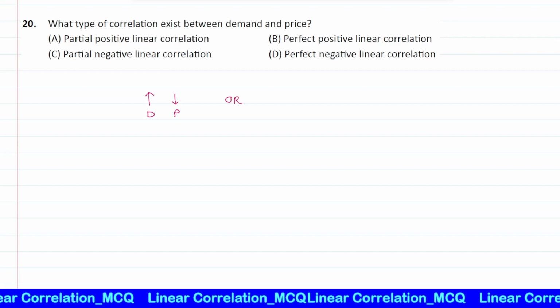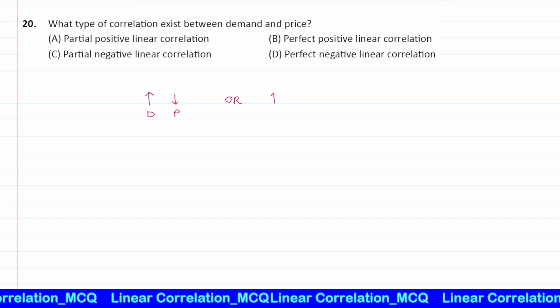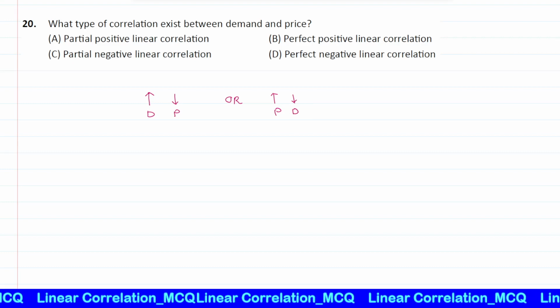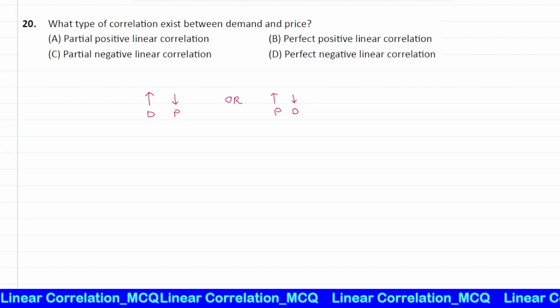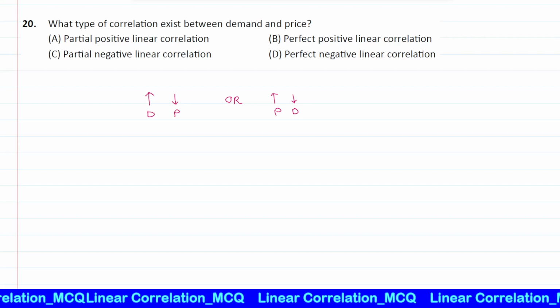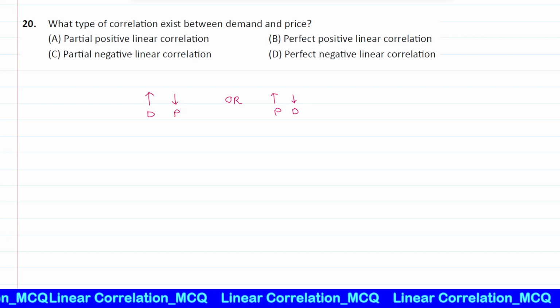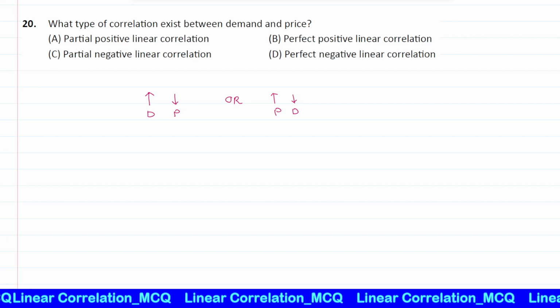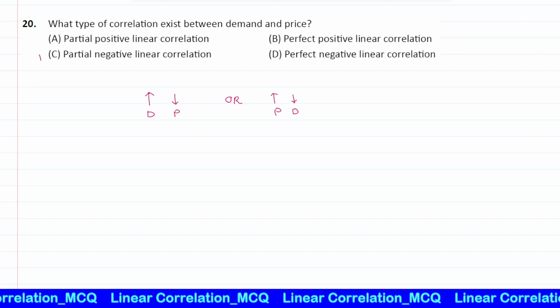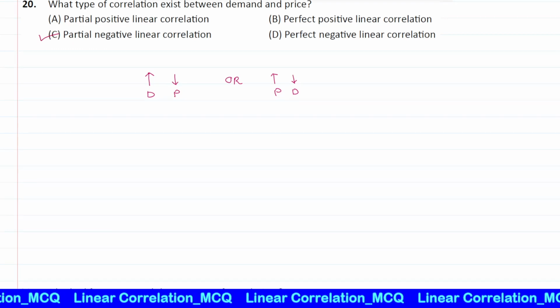Or we can say that if price increases, then demand decreases. That means there is negative correlation between demand and price, but it is not in a constant proportion. Then there is partial negative correlation between demand and price. Option C is correct.